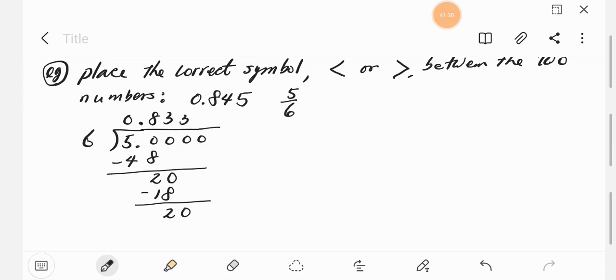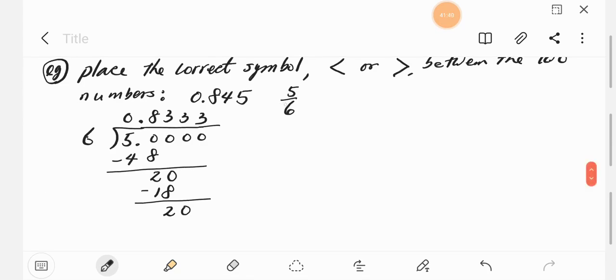So you can write 3, 3, 3. As you see this, 5/6 is equal to 0.8333, right? And the decimal is 0.845. You can put zeros at the end.